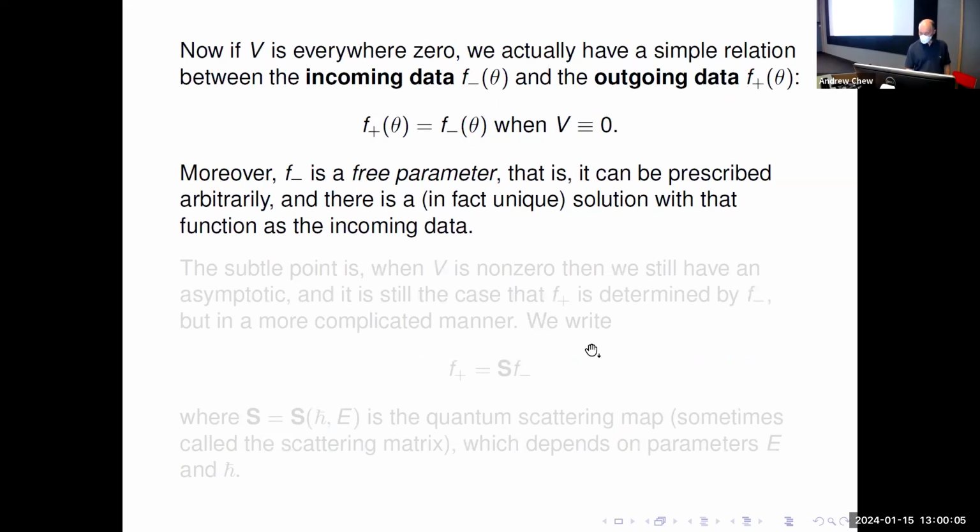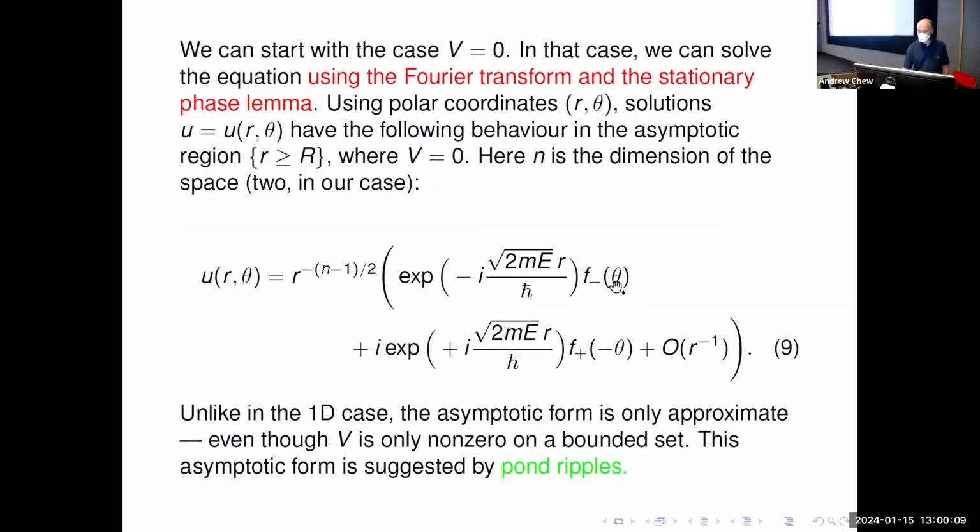And then what we find is that we call F minus the incoming data or the incoming amplitude, and F plus the outgoing data or the outgoing amplitude. That's because F plus is associated to the outgoing spherical wave and F minus to the incoming spherical, I should say here, circular wave.